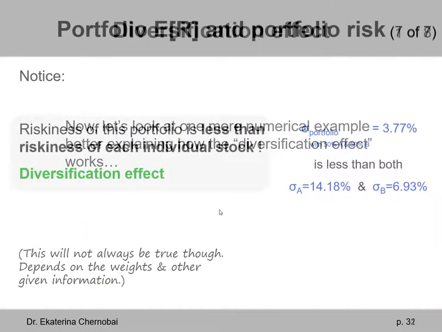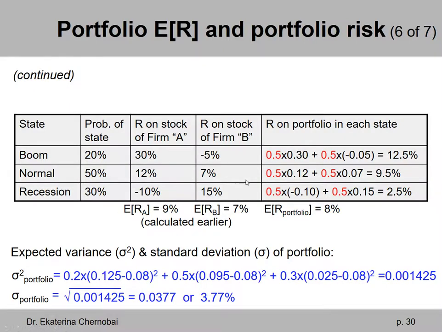The idea is, let me just go back to what we were given. Let's say here, slide 30. Do we ever lose money if we buy just stock A? All of our money is spent on stock A. Yes, we may lose 10% of our money if the so-called recession outcome takes place. Can we lose money if we just buy stock B? Again, the answer is yes.